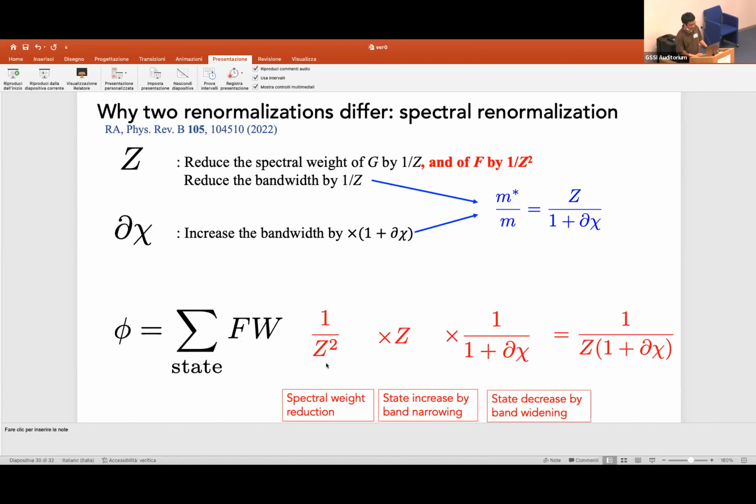The spectral weight of the anomalous Green's function is reduced by this factor. At the same time, z induces a state increase by band narrowing. And finally, the del chi term induces a state decrease by band widening. And as the product, we get the factor here. So what induces the pairing renormalization is the total change of the electron number contributing to the pairing near the Fermi surface.